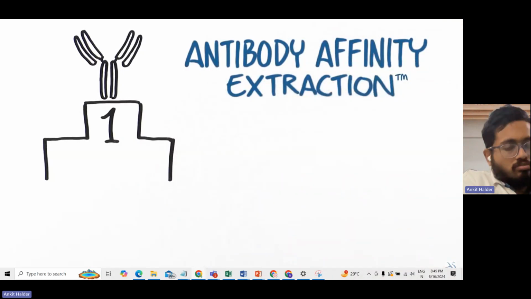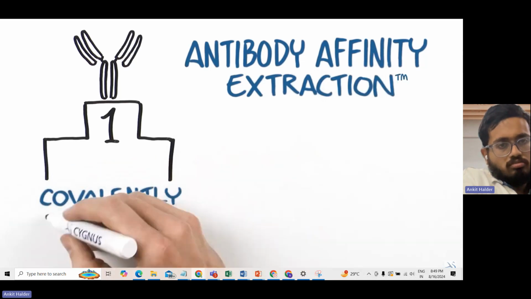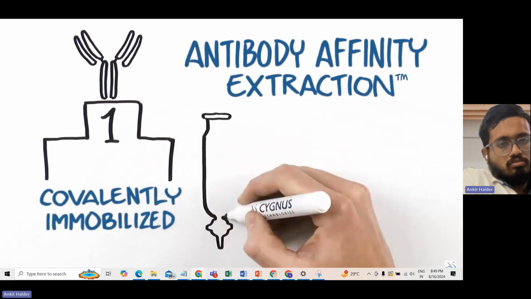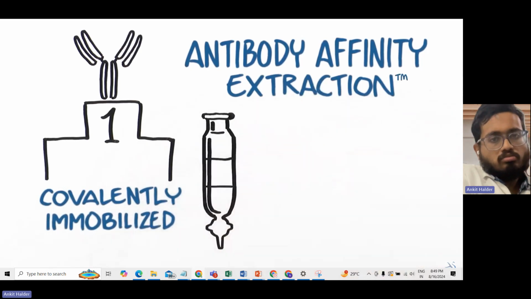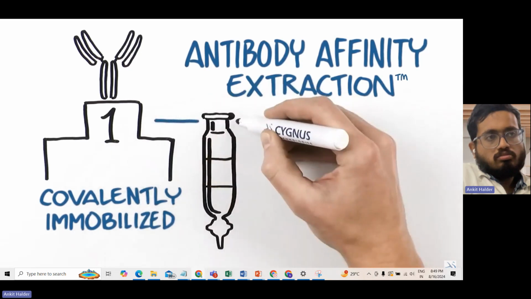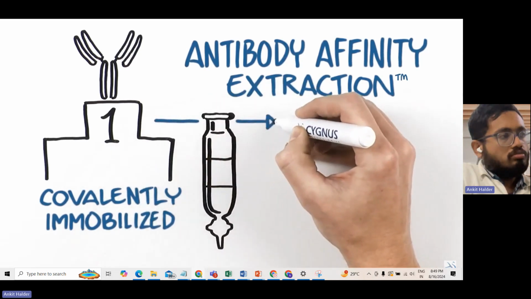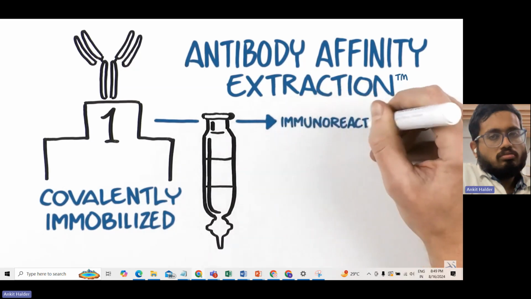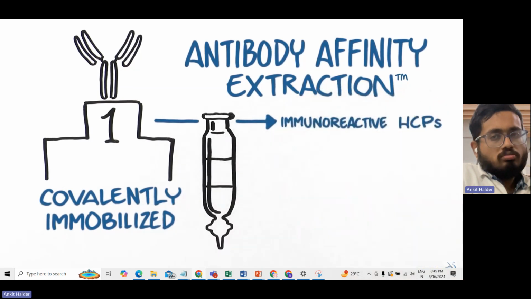In this procedure, antibodies are covalently immobilized on a chromatography resin. Samples are denatured, then passed over the column packed with that resin to extract immunoreactive HCPs.